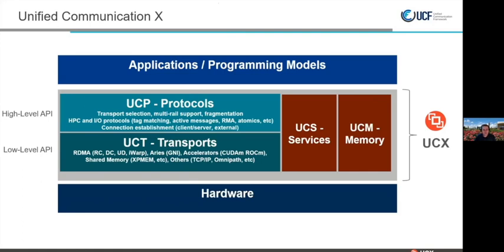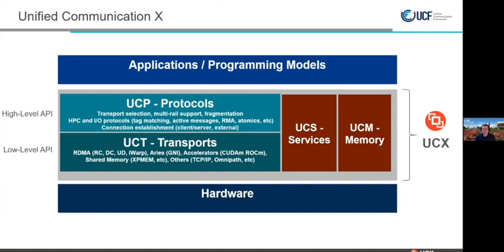Okay, so we're revisiting our figure, and we've filled in the pieces. The high-level API, UCP, provides a lot of functionality where you select your specific transport. So, for instance, am I doing Ethernet, InfiniBand, NVLink, or something else? Multi-rail, multi-device support. Am I doing RMA?